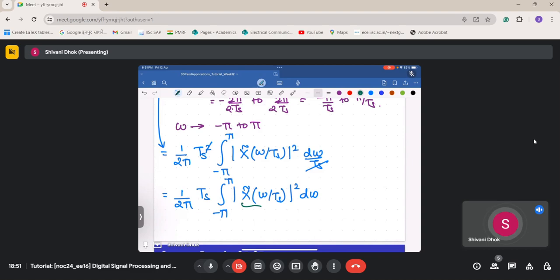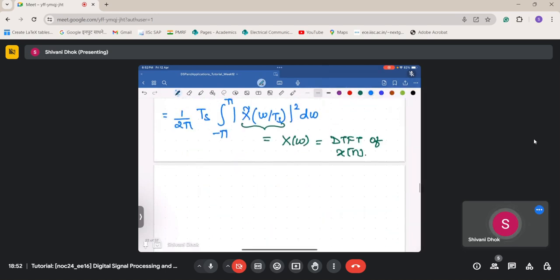So this thing here is equal to X of omega, which is equal to the DTFT of x[n]. In the sampled version, we are just substituting the sampling frequency and normalizing it. So X tilde evaluated at capital Omega equal to omega by Ts is nothing but X of omega.